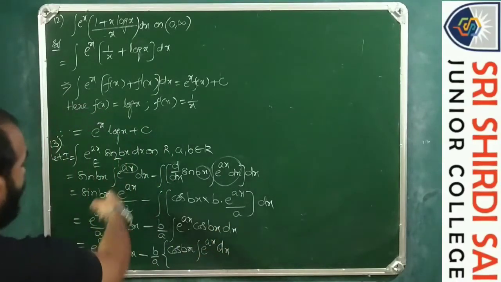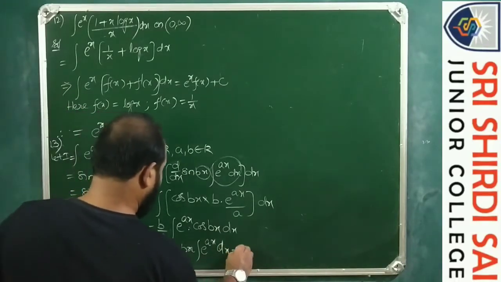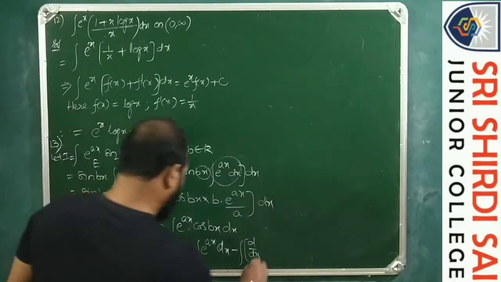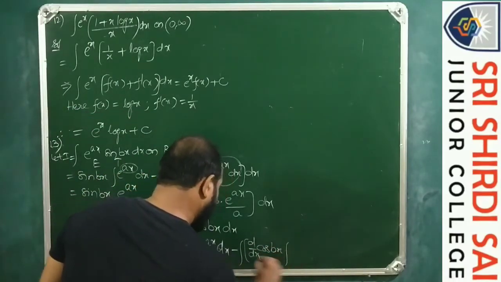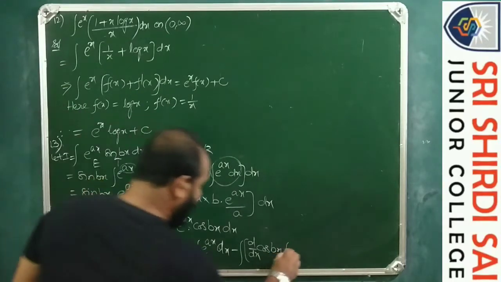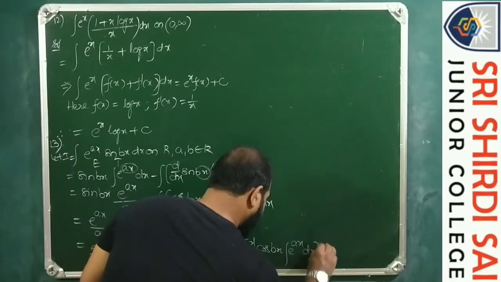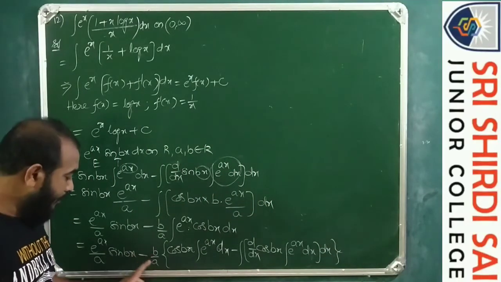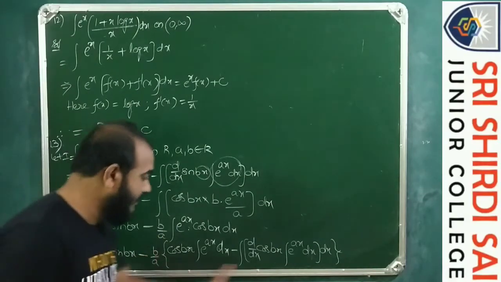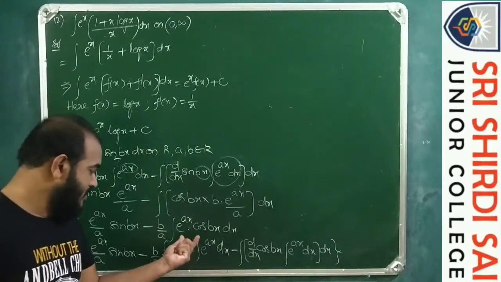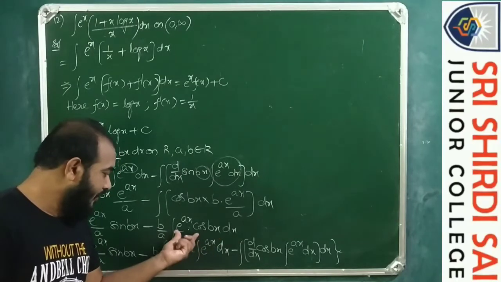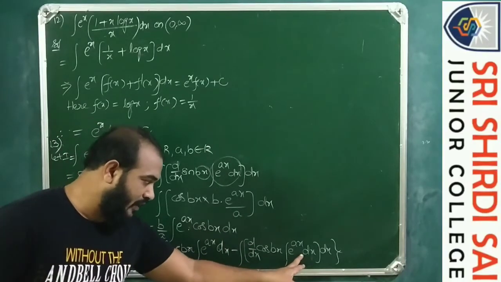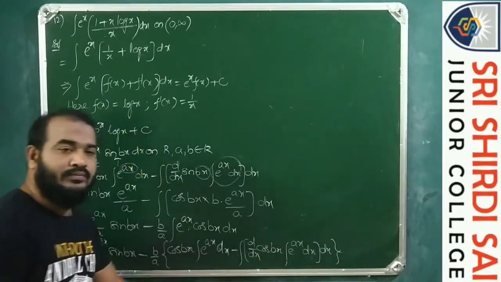So applying this formula: first function into integral of second function dx, minus integral of d by dx of first function into integral of second function dx, whole dx, bracket close.